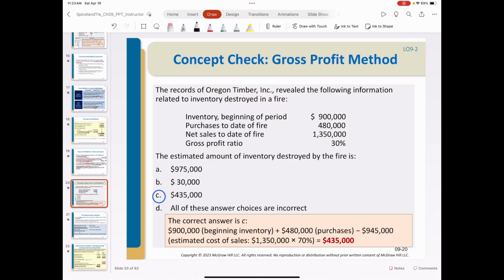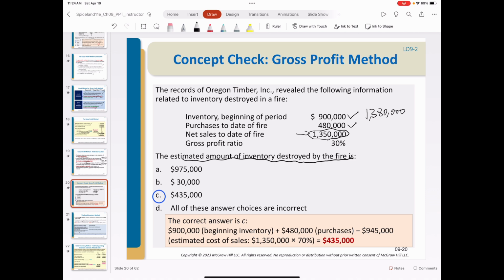We are asked to estimate the amount of inventory destroyed by the fire. We know the beginning balance inventory was 900,000, purchase 480, so goods available for sale is 1,380,000.